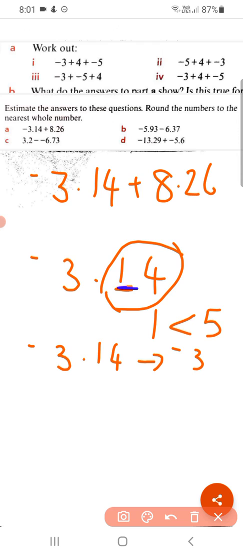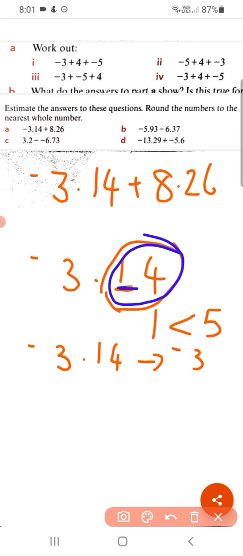Which is the number in the 10th place? 1. 1 is less than 5. So in such cases, we have to remove this part and write the remaining digits. So our answer is negative 3.